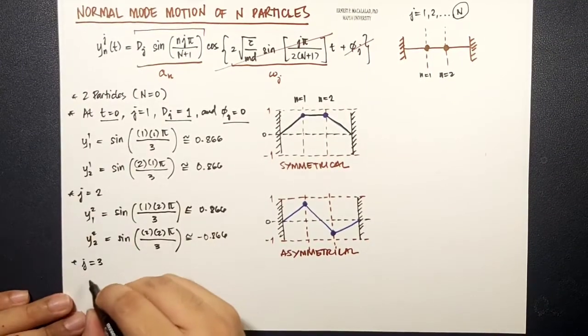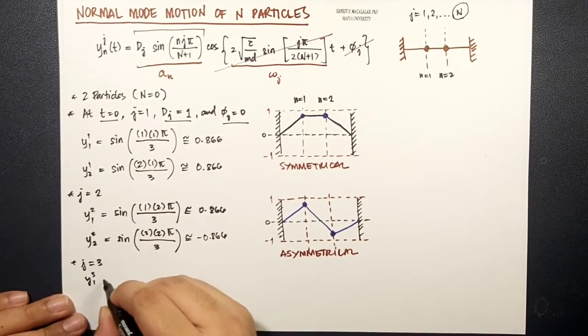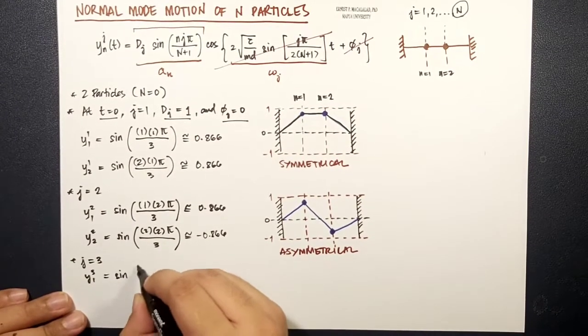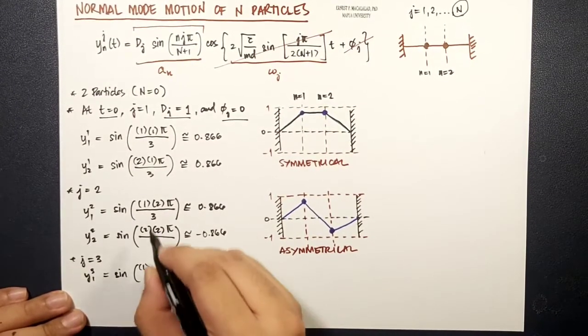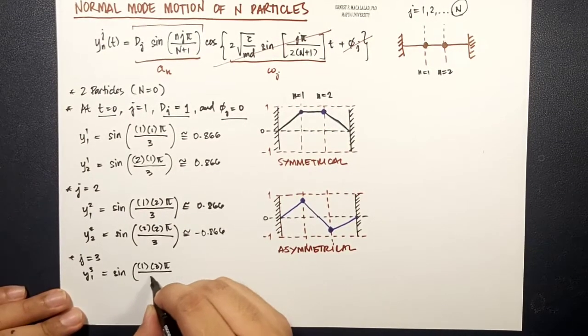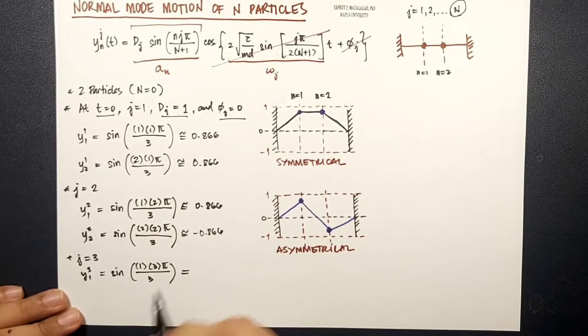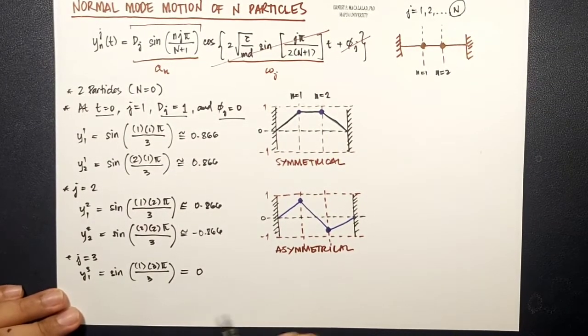Now let's see what happens if we have J equal to 3. So this is y1,3, which becomes sine of 1 times 3 pi over 3. So this is sine pi, which is equal to 0 exactly.